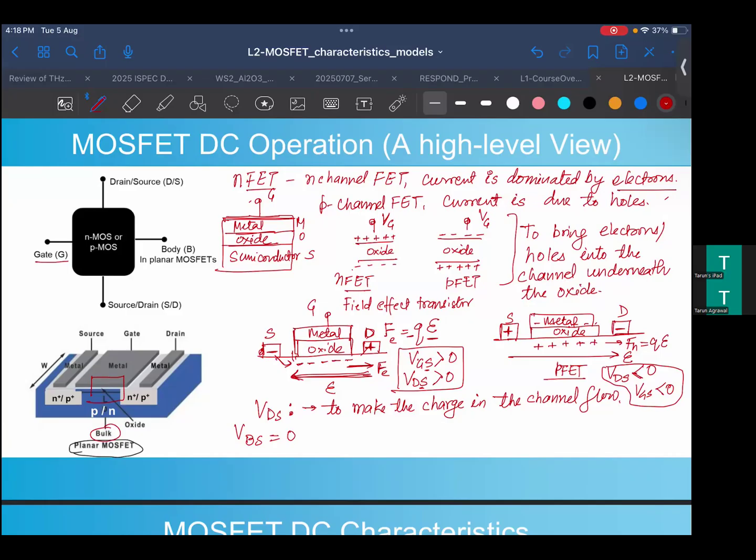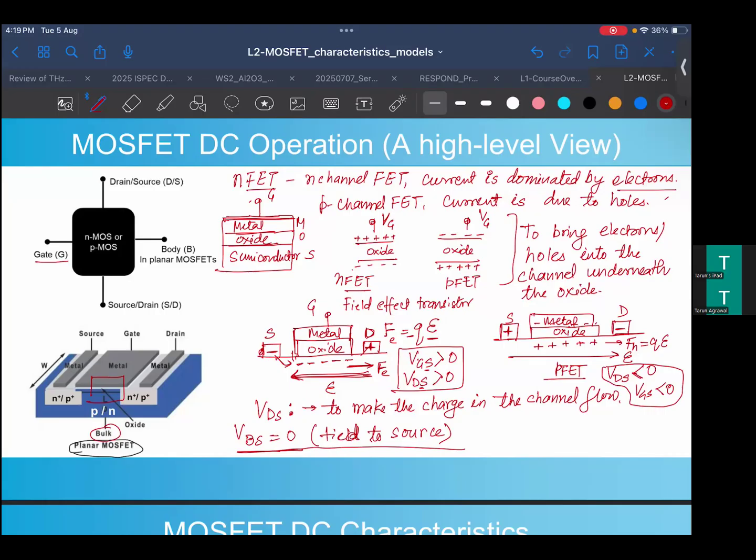So the body is tied to source, which means it does not affect the operation. Then we'll look in a little more detail at what happens when we change VBS later.